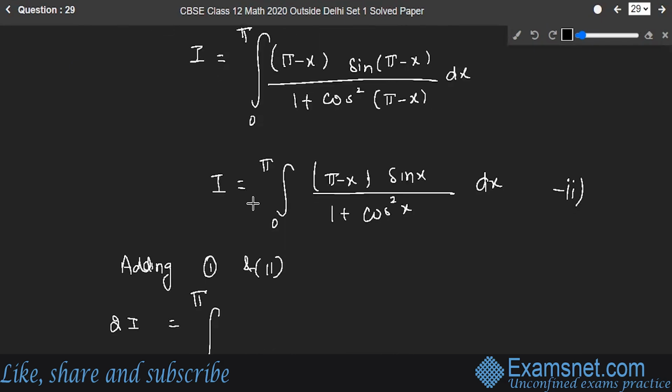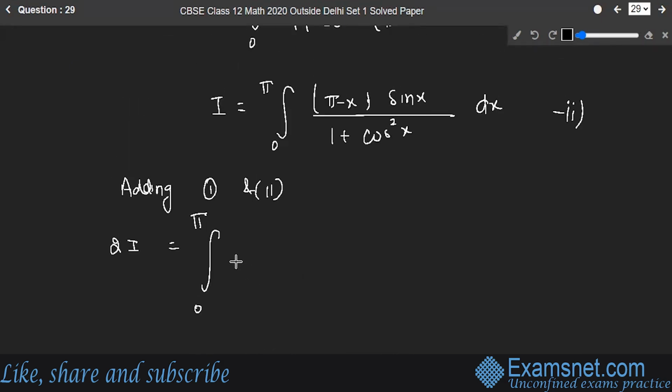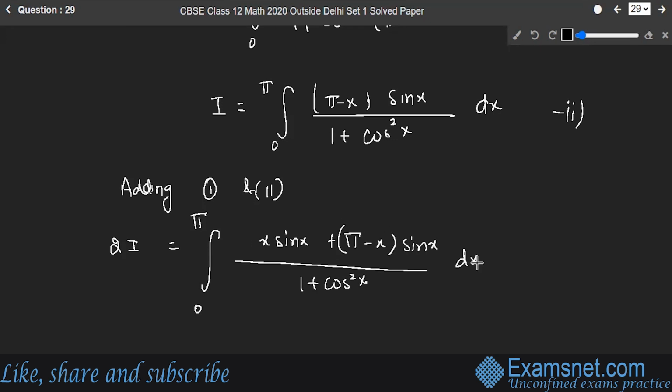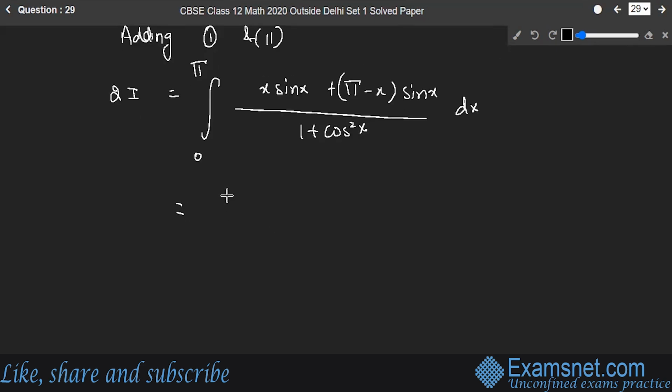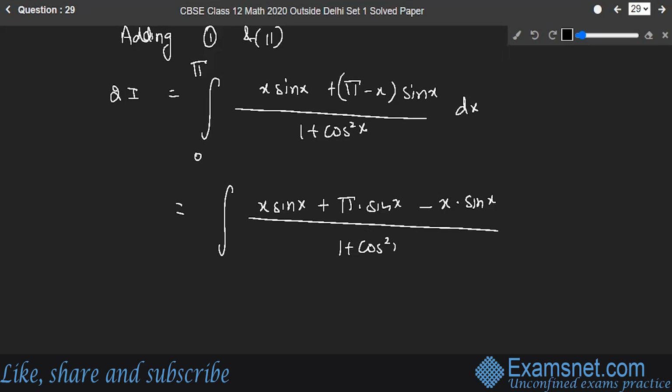I'll take the LCM itself, 1 plus cos square x, x sine x plus pi minus x sine x dx, right? So x sine x will cancel out. You will have here x sine x plus pi sine x minus x sine x whole divided by 1 plus cos square x dx. These two will cancel out.